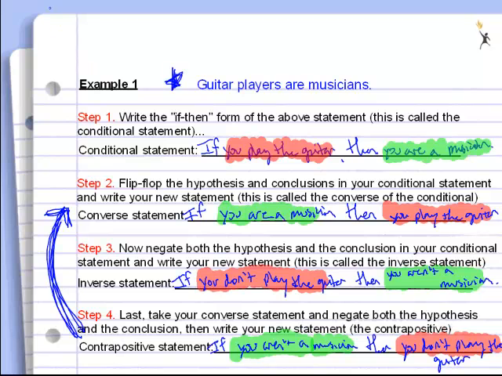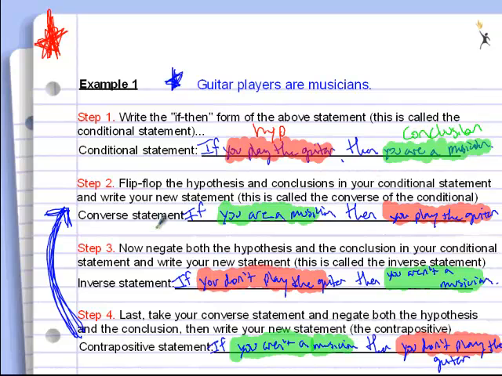Now, this is a great tool. This page of your notes is a phenomenal tool. Phenomenal. Because what it does is it walks you through writing your conditional statement, taking something and making it an if-then, and even identifying the hypothesis and the conclusion.